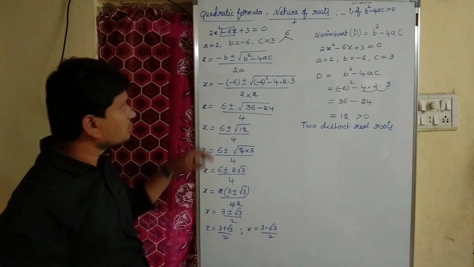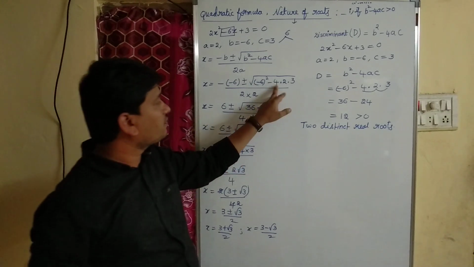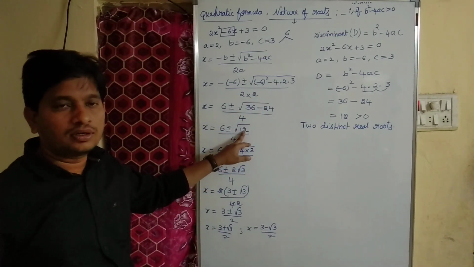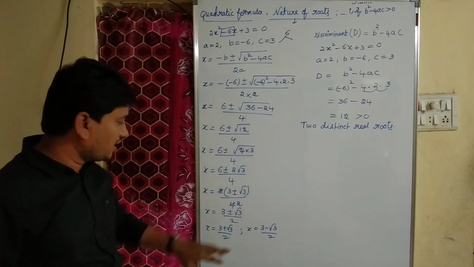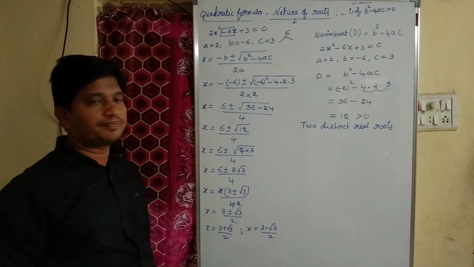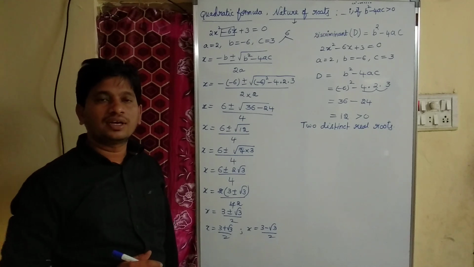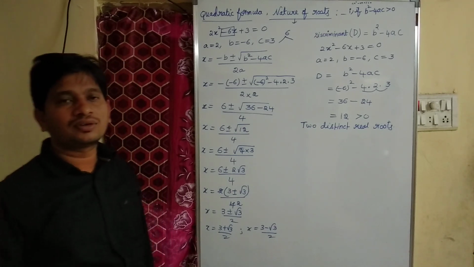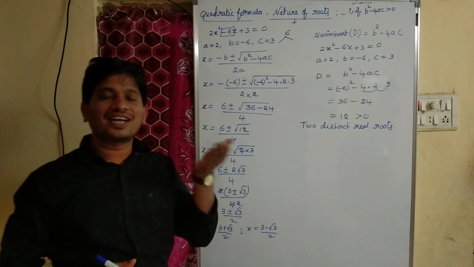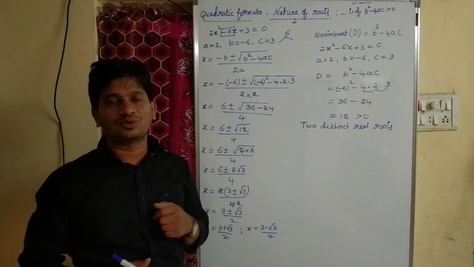See children, as we got b square minus 4ac value 12, which is greater than 0, that is the reason we got two distinct real roots. Children, did you understand? When b square minus 4ac is greater than 0, you will get two distinct real roots.